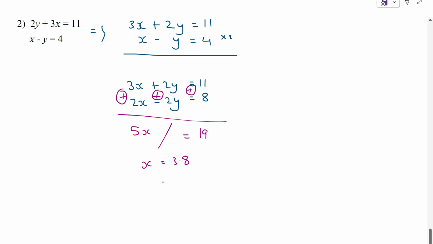X equals 19 over 5, which is 3.8. Now let's find the corresponding value for y. Let's sub it into the first equation. 3.8 times 3 gives us 11.4.